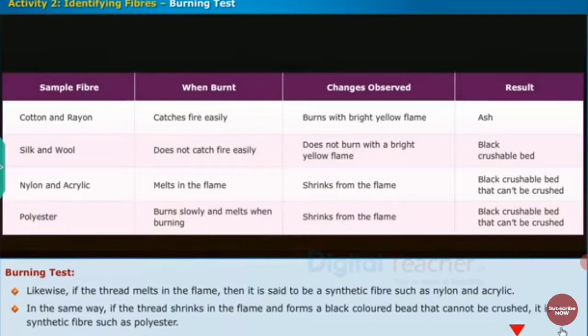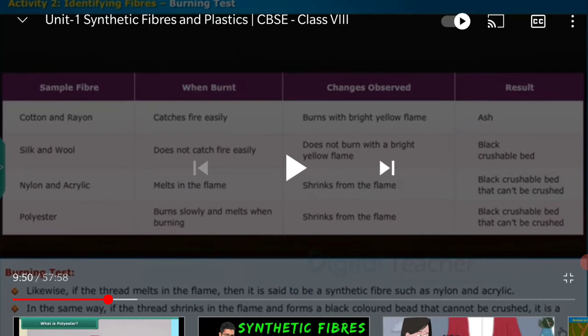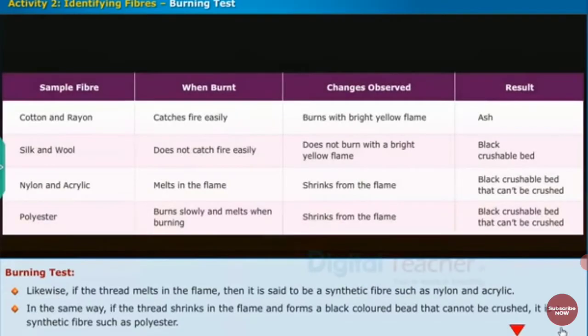If you don't know what thread a fiber is, you can do this burning test. We did the same activity in the previous class. Take the cotton cloth and burn it, it will give ash.